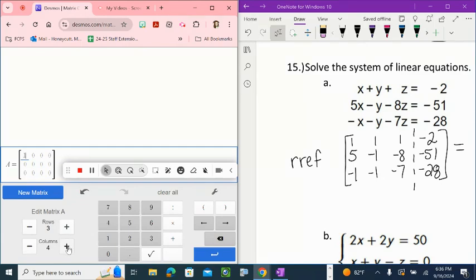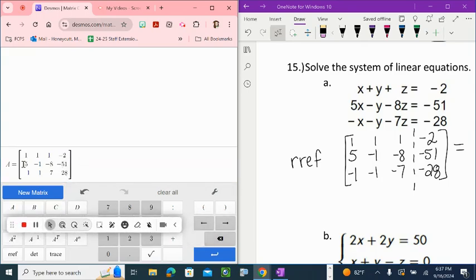First row, 1, 1, 1, -2. Next row, 5, -1, -8, -51. Last row, -1, -1, -7, and -28.